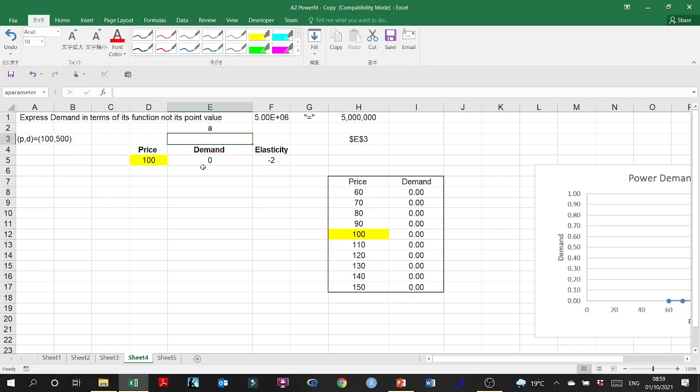You could say that it's 500, but I'd rather have you put it this way in the corner: P and D is 100 and 500, but to find A, you need to express demand in a formula. So over here, I couldn't name this A, so I named it A parameter because I have so many sheets.